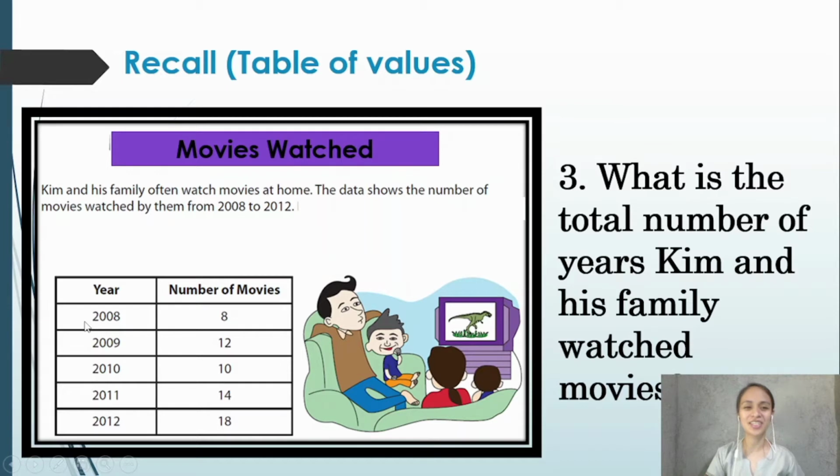Let us just count. 2008 is 1, 2009 is 2, 3, 4, and 5. So, the answer is, the total number of years Kim and his family watch movies is 5 years. The answer is 5.